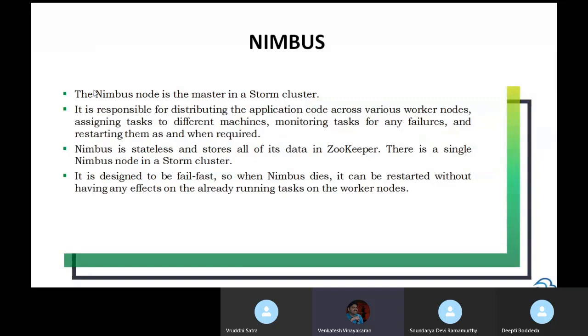Many people use ZooKeeper as a store, so you can put a small bit of data in ZooKeeper and later go and access that data, and you can use the ZooKeeper nodes as a means to share data with other nodes. We have already seen the job tracker memory in our class, as a means to store some global data. The same thing can be done using ZooKeeper as well. And that's what Deepthi is talking about here, where she says Nimbus is stateless and it stores all of its data in ZooKeeper.